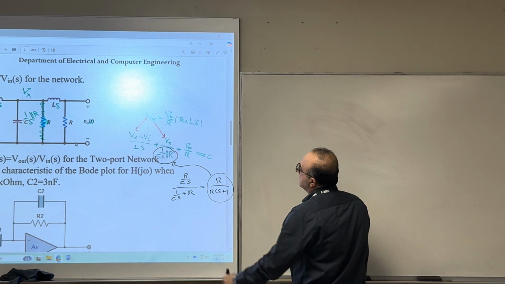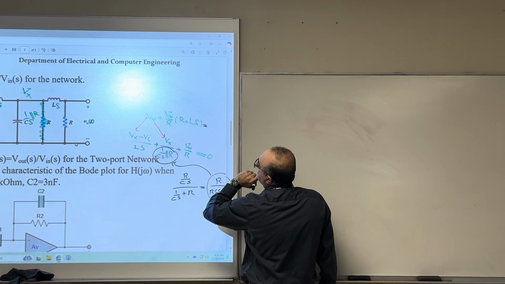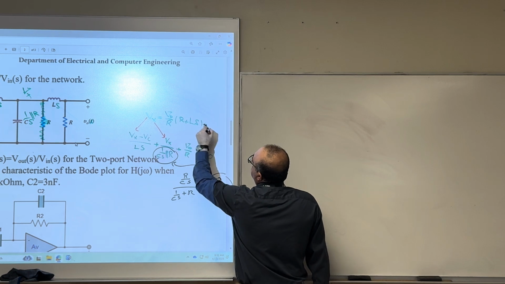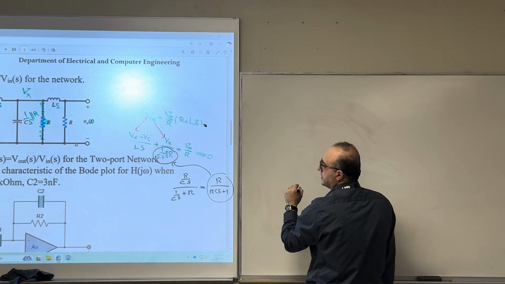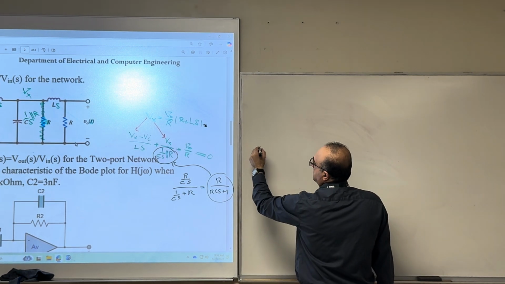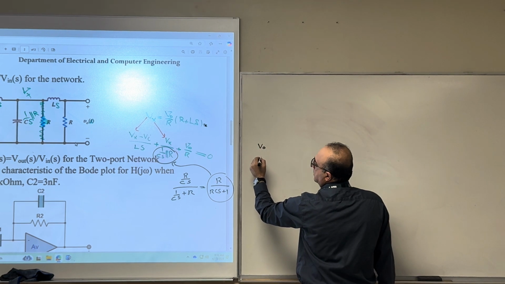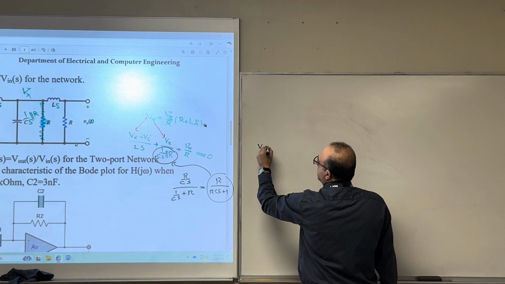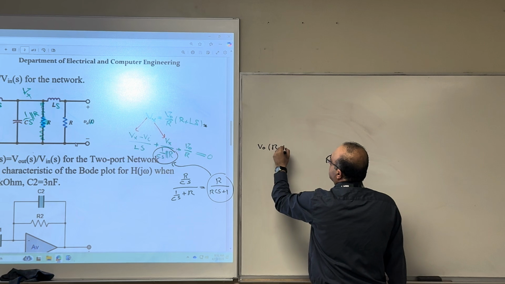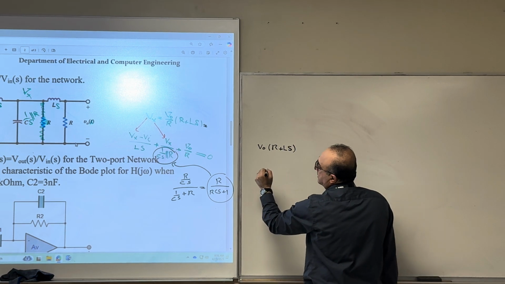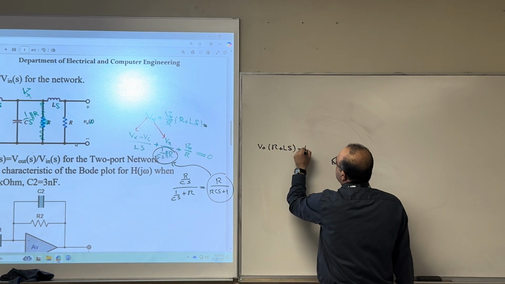Then it's better not to simplify that, just put it there. It's going to be VO with R plus Ls. Just follow my calculation. If I made a mistake, correct me, okay?